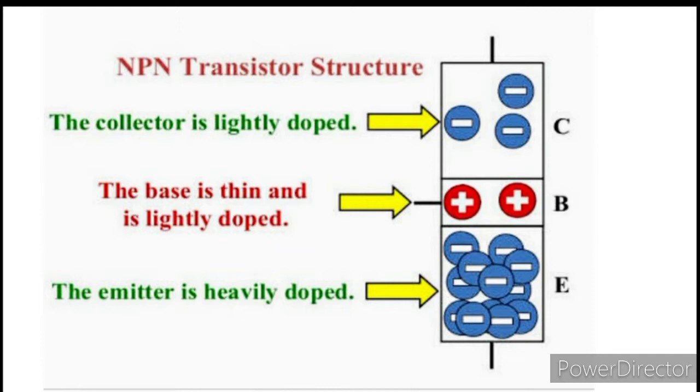When N-type, P-type and N-type materials are connected to each other, the diffusion process starts. What is diffusion? When free electrons and free holes are connected to each other, they attract each other because of opposite charges.